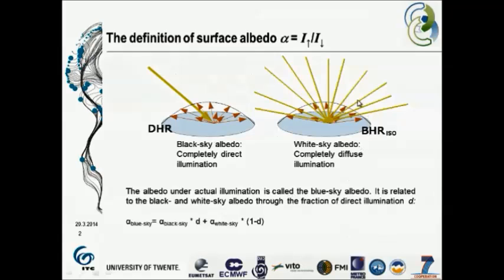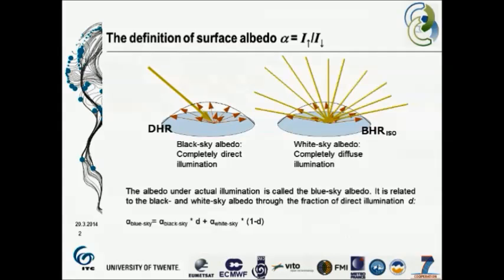And then we have the other extreme, white sky albedo, where the incoming irradiance is completely diffuse. The normal blue sky albedo is then a weighted sum of these two. The weighting factor is the fraction of direct illumination. So these three albedos are the things that we are discussing.